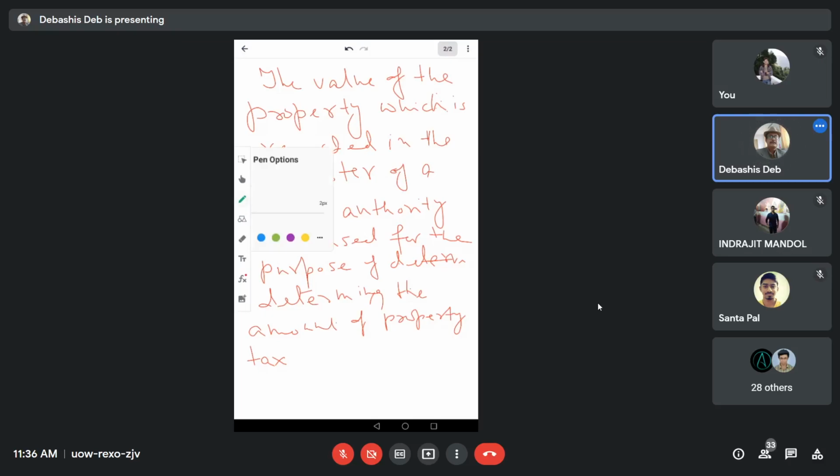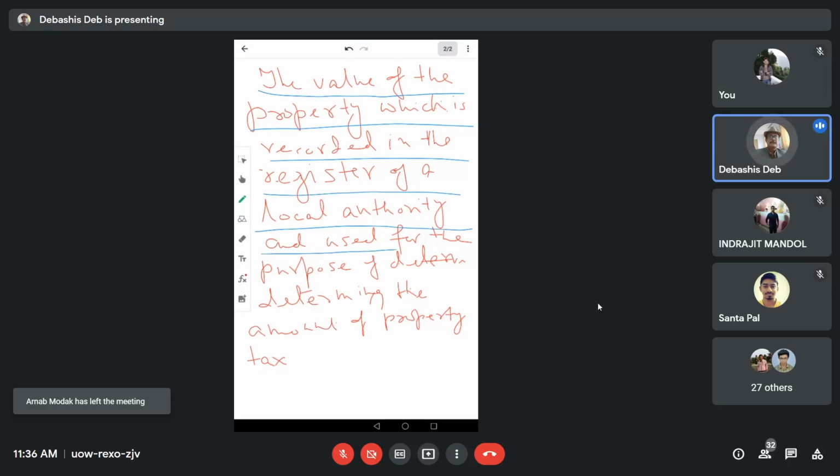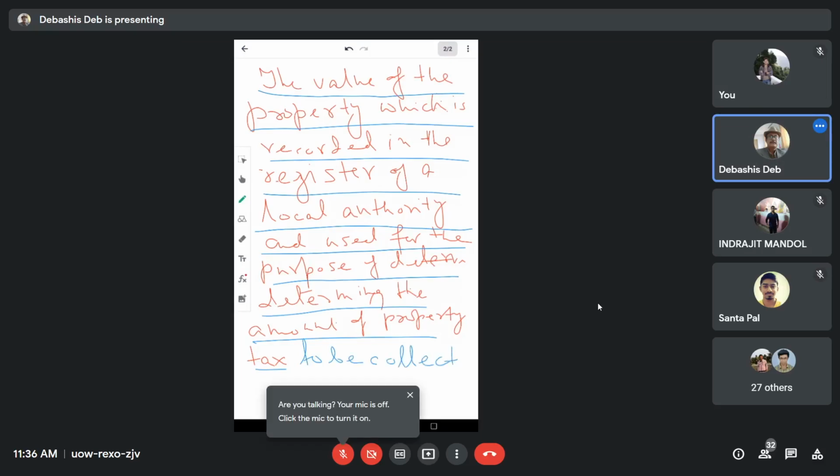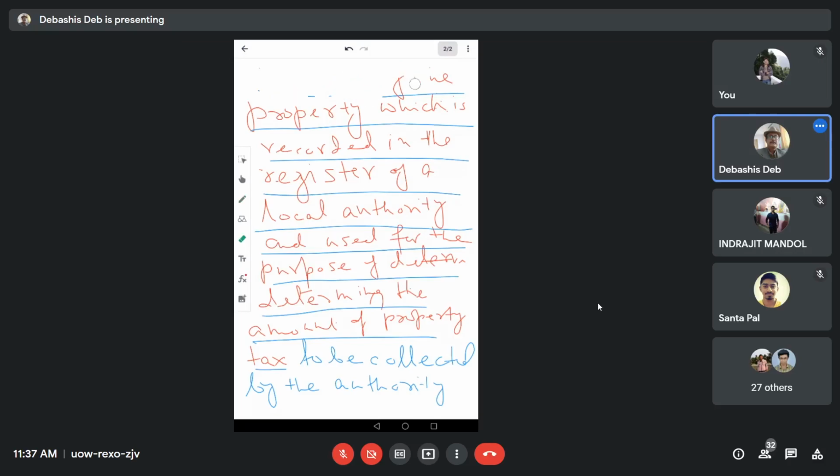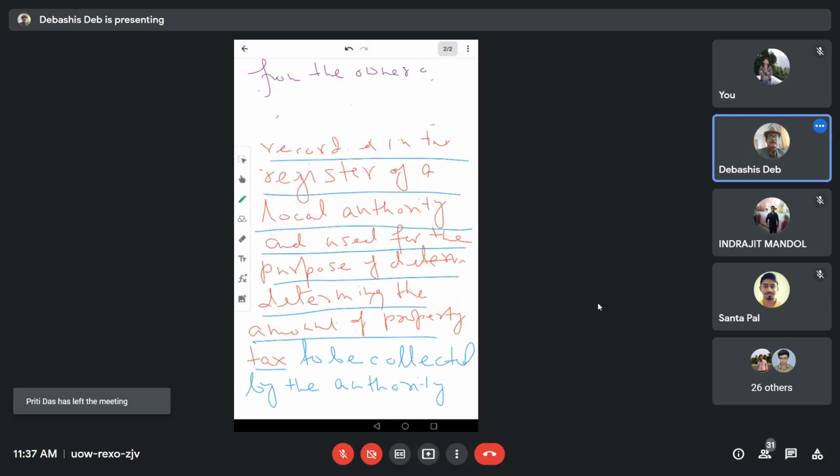So what is this? The value of the property which is recorded in the register of a local authority and used for the purpose of determining the amount of property tax to be collected by the authority from the owner of the property.